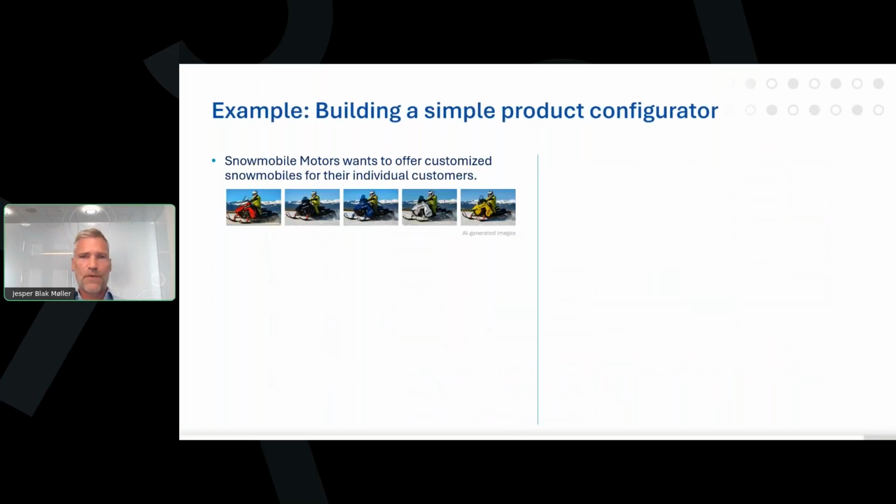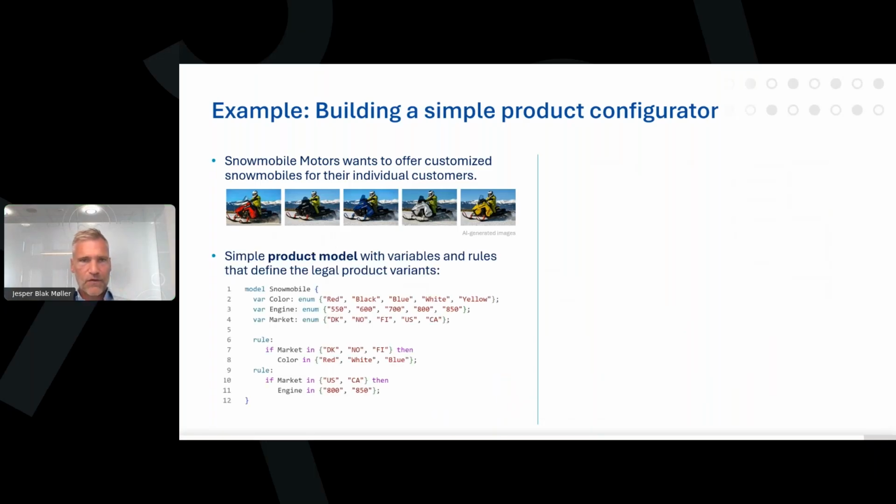So let's quickly recap how you build a configurator. Imagine we work for the company Snowmobile Motors, who wants to sell custom snowmobiles to their customers. And we have created a very simple product model with just 3 variables and 2 rules that define the legal product variants of the snowmobile. We can see we have 3 variables here that define the color, the engine, and the market.